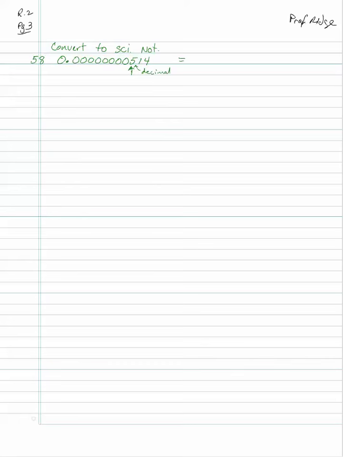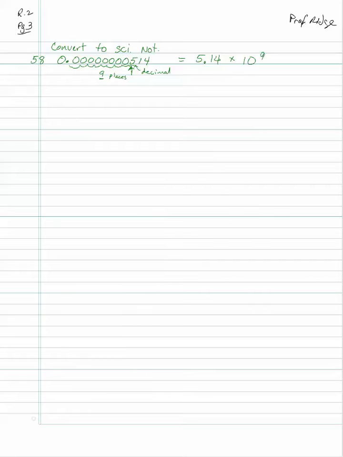So we're going to get 5.14 times 10. Now I count the number of places, so that's going to be, let's see, 1, 2, 3, 4, 5, 6, 7, 8, 9 places. So this is going to be 9.